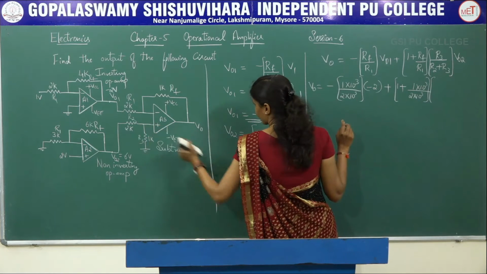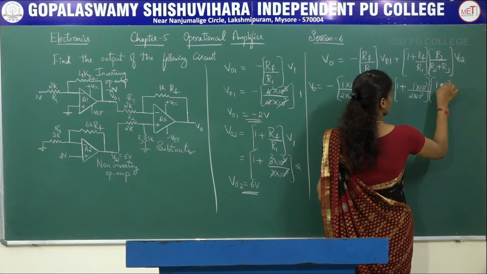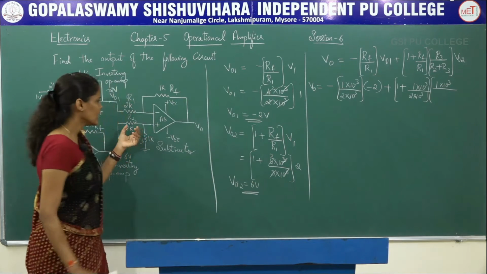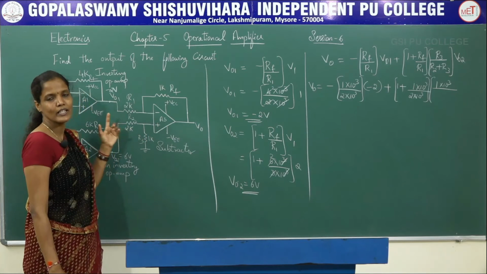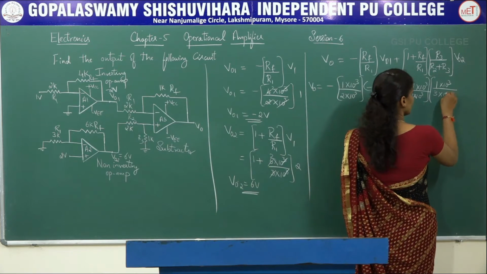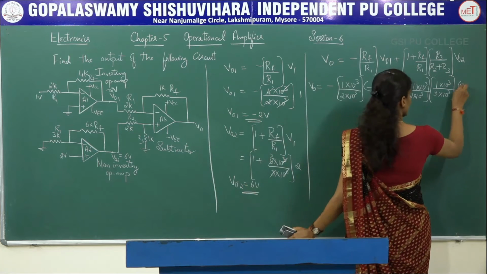This is R3 and this is R2. R3 is 1 into 10 to the power of 3 divided by, let me add these two directly, R2 plus R3, and 2k plus 1k gives me 3k, 3 into 10 to the power of 3, of V02 value, which is equal to 6 volts.